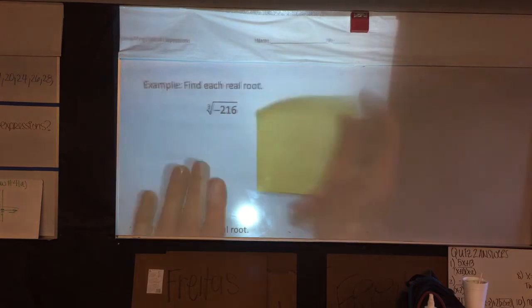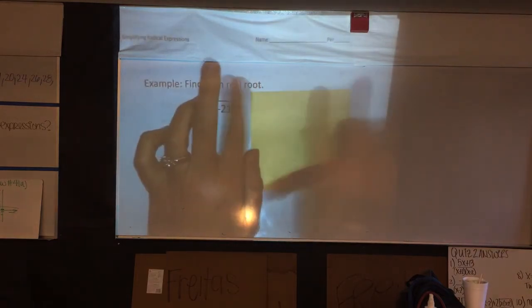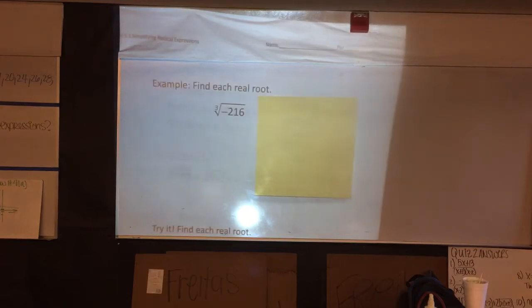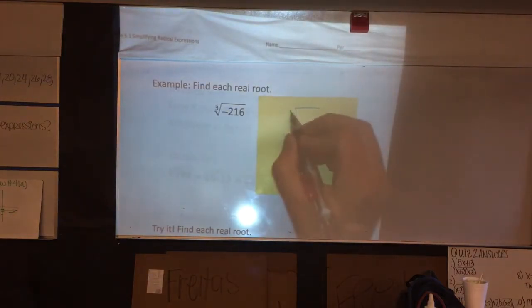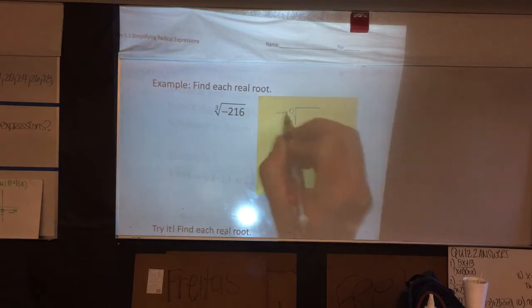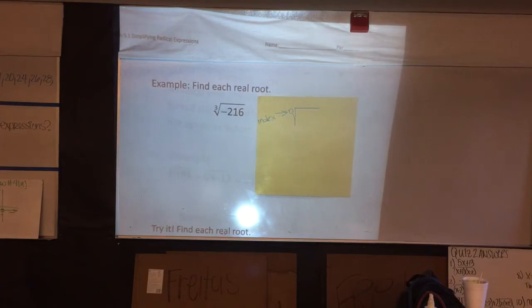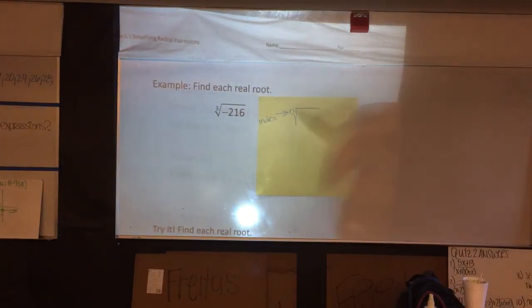Okay. I'm going to put a little side note here, and this is in your packet of vocabulary. So if I have a radical and it has a small little number out here, we call that number the index. And this number is significant because it is saying, well, what times itself this many times is the value that's inside the radical.